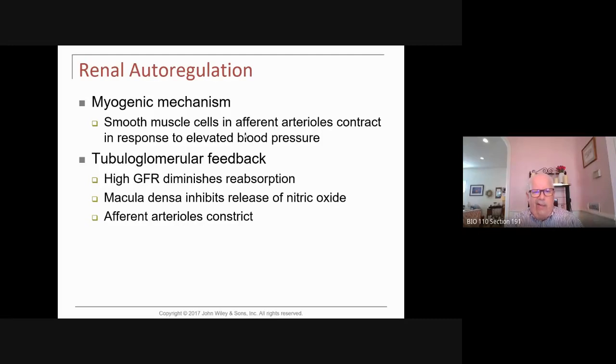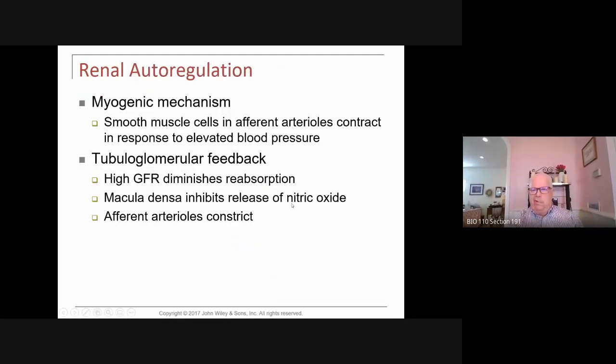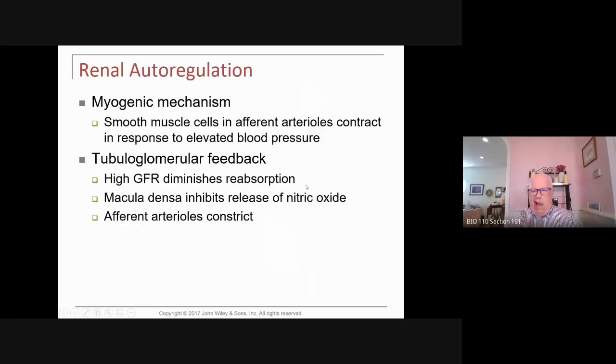You also have another mechanism called tubular glomerular feedback. This feedback system responds to local influences. And one of the local influences is a neurotransmitter called nitric oxide.